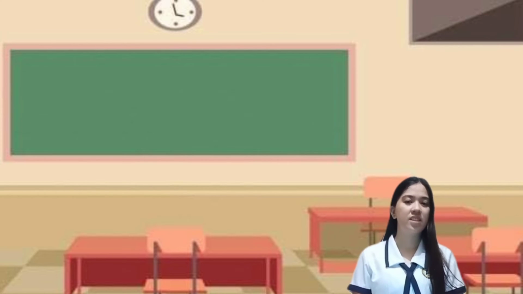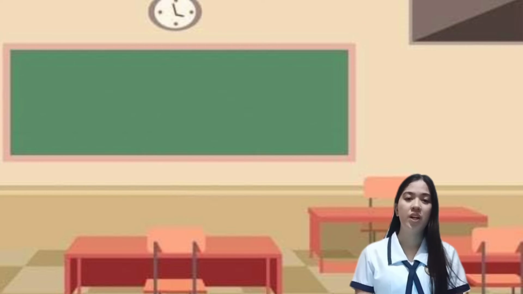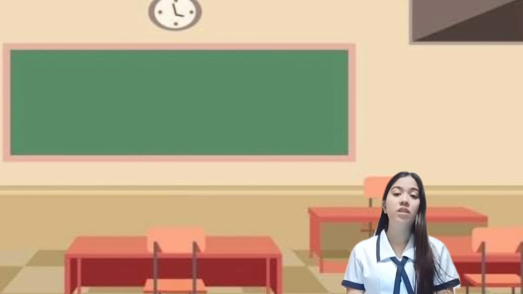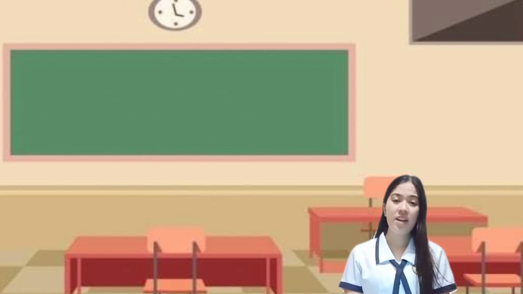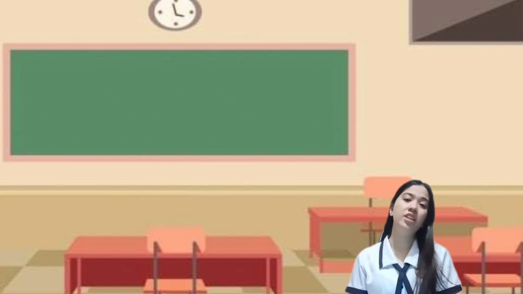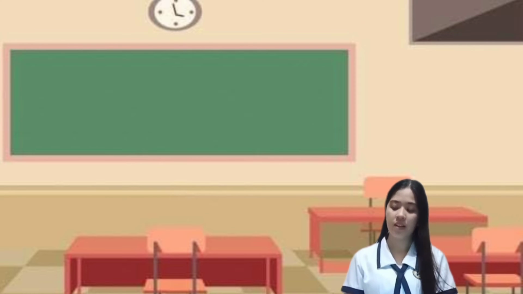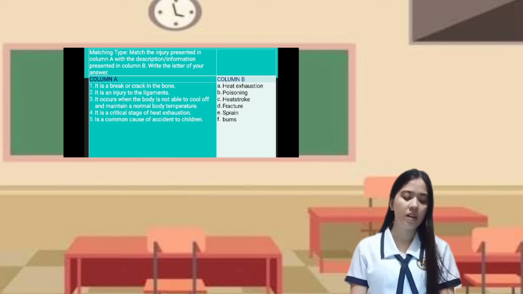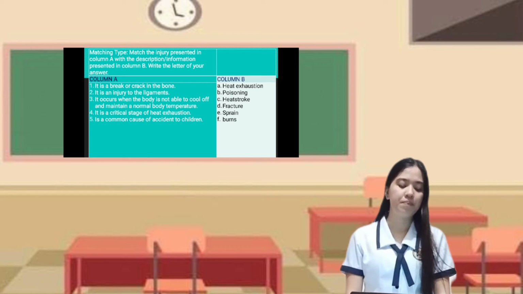So class, is there any question regarding our discussion today? Good. Get a 1/4 sheet of paper and we will have a short quiz. So this is a matching type quiz.